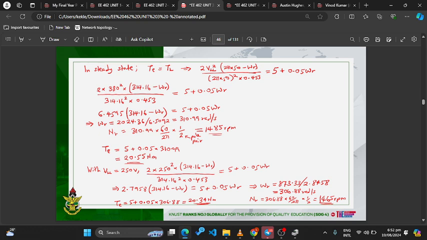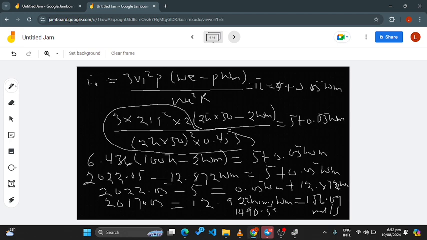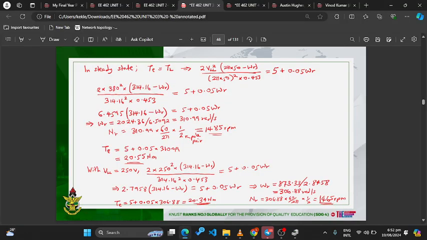No, I think we left something somewhere. I think I multiplied that 1490, and here they had 1485. The difference is too huge. It shouldn't be that.